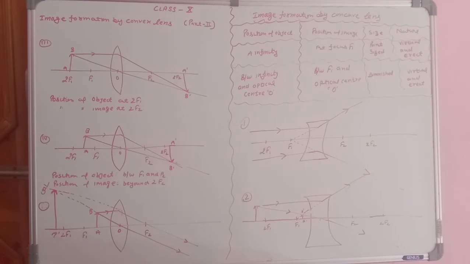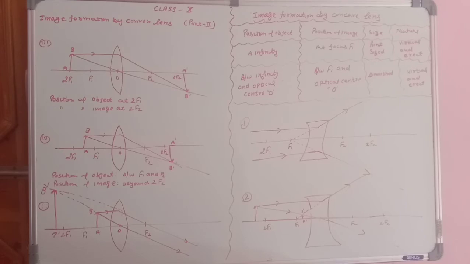Students, let me remind you once that concave lens is a diverging lens. Your convex lens is a converging lens. That's why whatever rays you were drawing, they were coming towards the principal axis. You can see they are coming towards the principal axis. Similarly, from here also towards principal axis they are going. But in concave lens, the rays will not go towards the principal axis because the concave lens is a diverging lens.